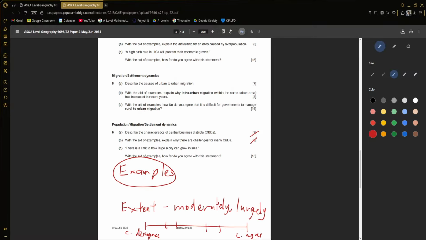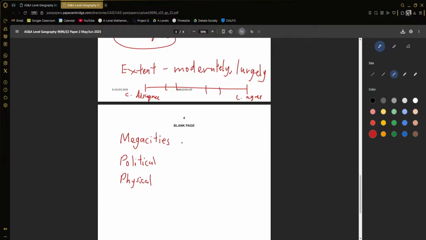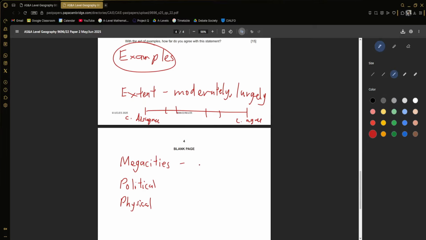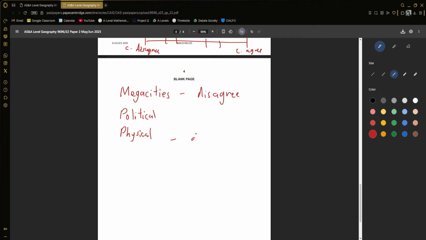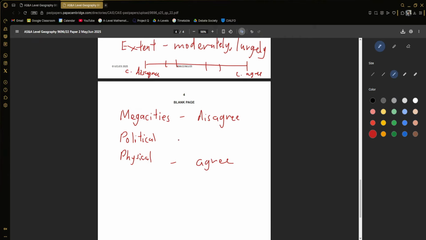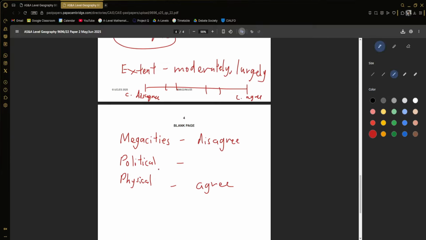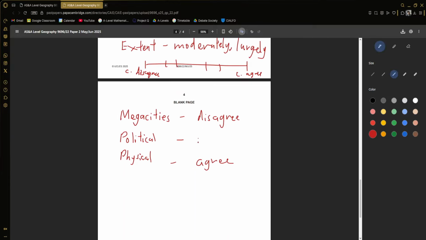Generally, for these questions, you want to show a bit of balance. So my megacities one is a paragraph disagreeing with the statement, so there is no limit. My physical one is agreeing with the statement to say how there is a limit. And my political paragraph was a mix, but it was primarily agreeing.